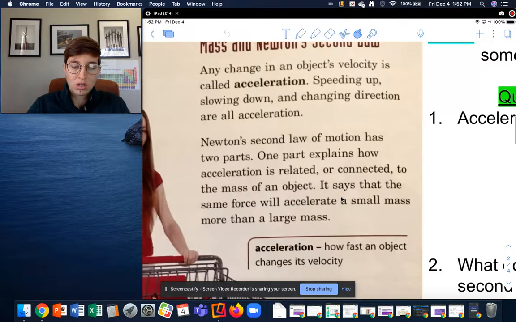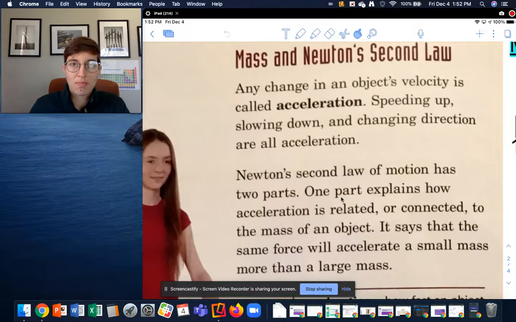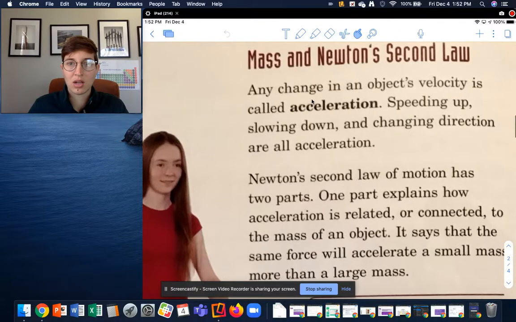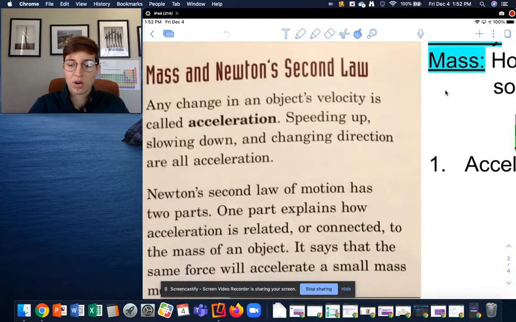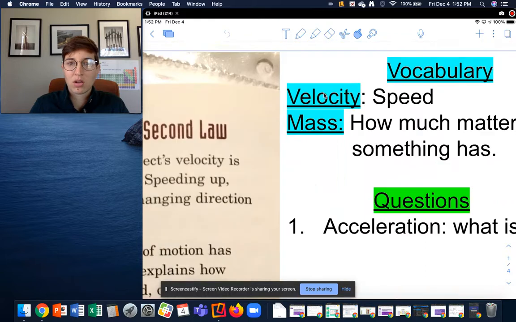So this says mass and Newton's second law. Any change in an object's velocity, let's think about that word, velocity. Velocity is the same thing as speed. It's another science word for speed.